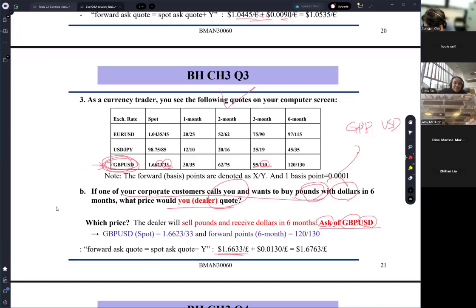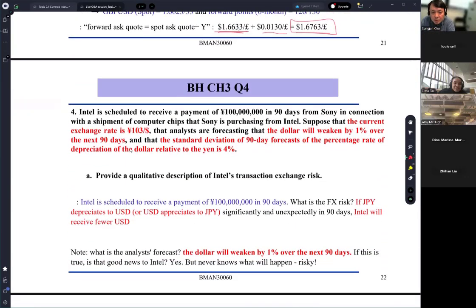That's the ask price, 1.6633, plus you have to add, sorry, this is 3 months, so for 6 months, 130 basis points, 0.0130. So this is going to be the ask price of GBP USD for the market at 6 months, right? This is how we interpret and get the number there.